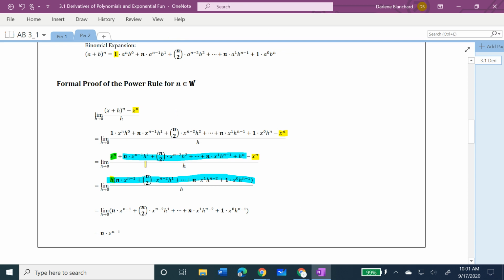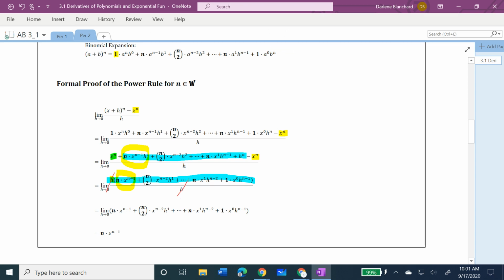And I want you to notice that this first leftover term after the front runner gets canceled out, once I factor the h out, I am getting something rather familiar. Because after I reach this step, I'm going to be able to kill the h.